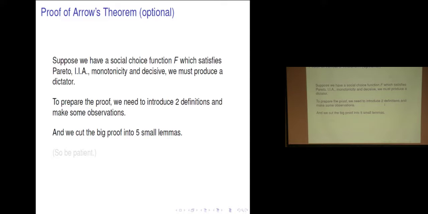So you can think of this as 5 steps. I'm going to show the big theorem in 5 small steps. It sounds bad, but actually it's good because each step is easier to understand. So be patient, right? It has several things, but this is a big theorem. It's a famous theorem, interesting, so it's worth it.